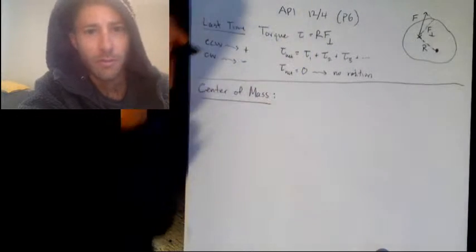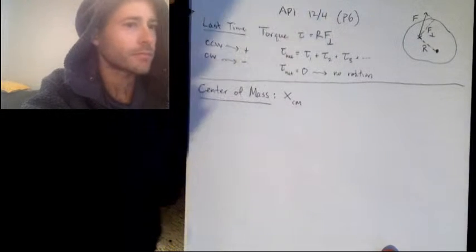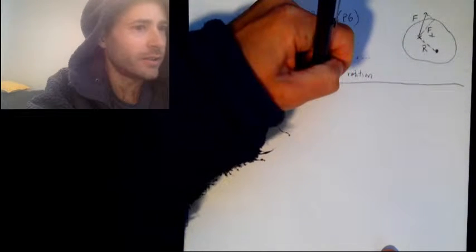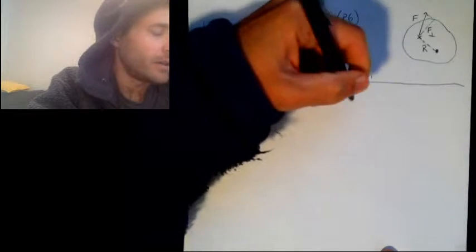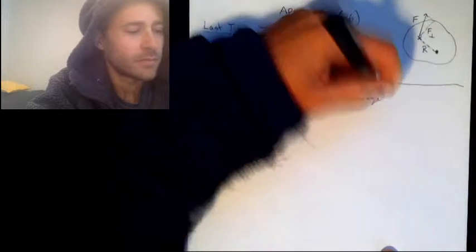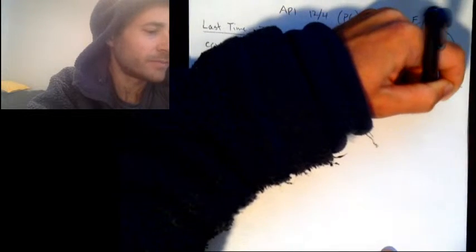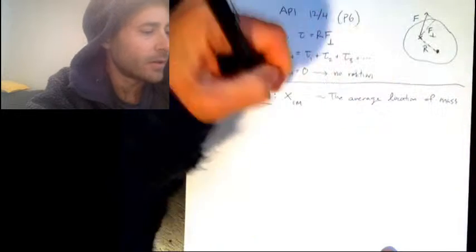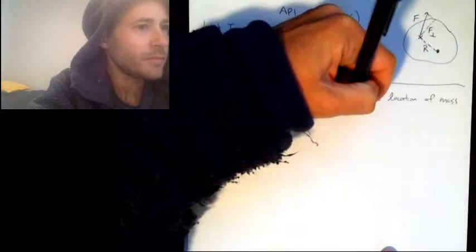The center of mass is typically denoted by xcm, and it is, if you want to think about it intuitively, the average location of mass within an object.